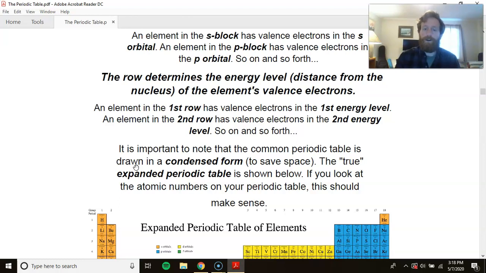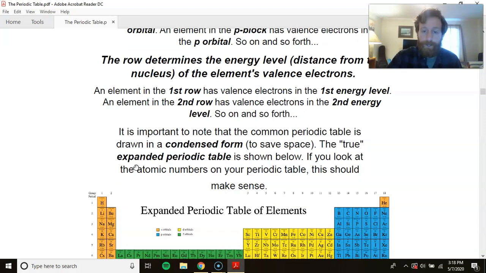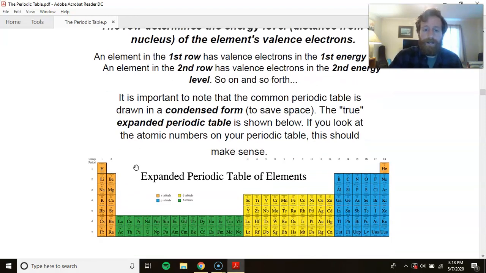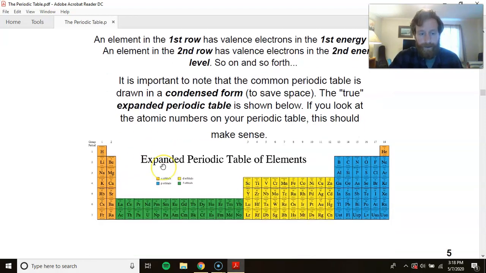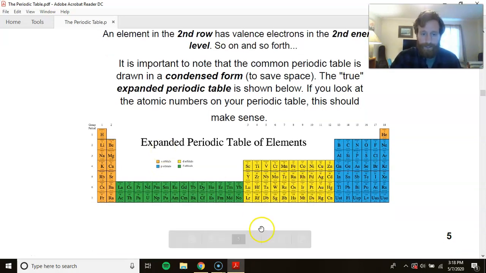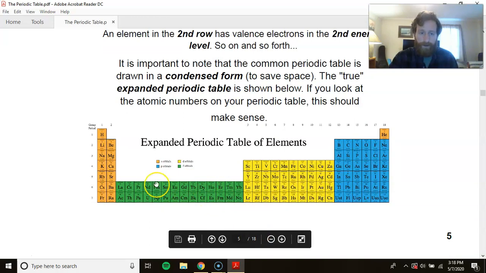And then it's important to note that the common periodic table, the one we've been looking at so far, is drawn in a sort of condensed form, and we do that to save space. But the true periodic table, how it should look, is like this. And what you'll see here, if you look at this and soak in this image, is that the F block is spliced in between the S and the D block.